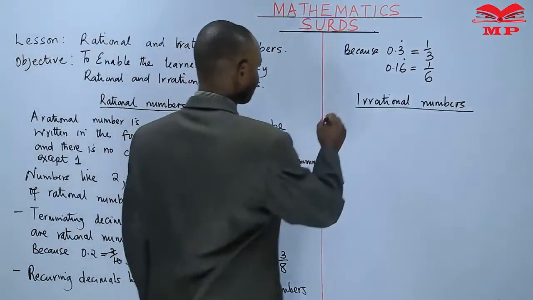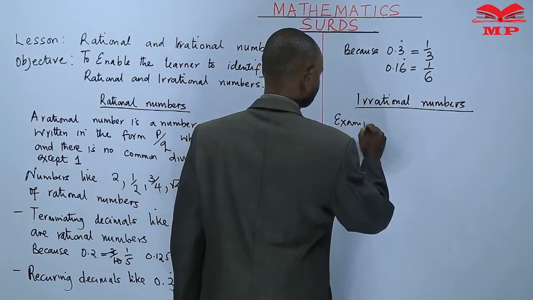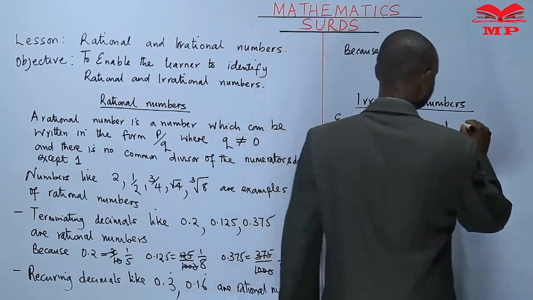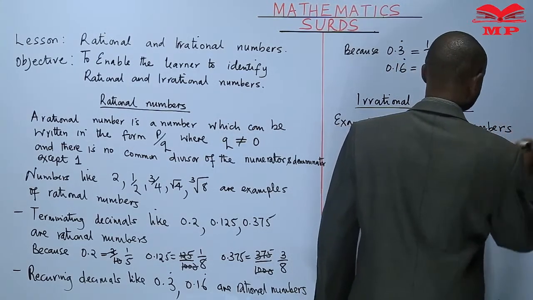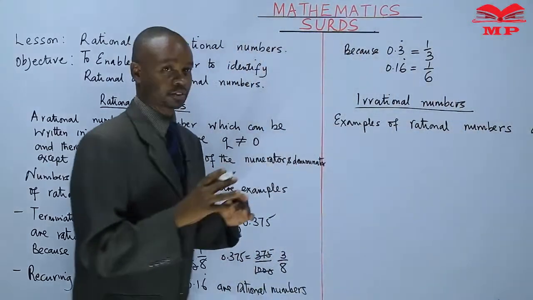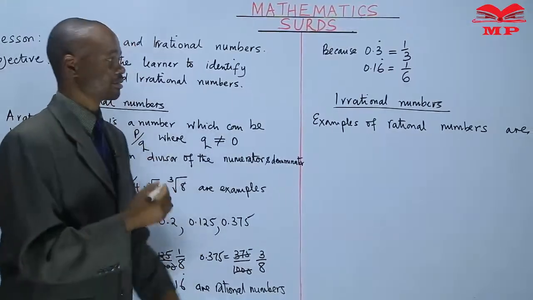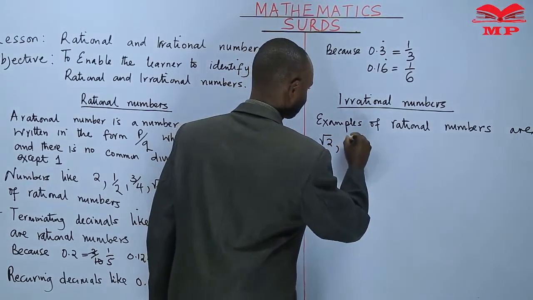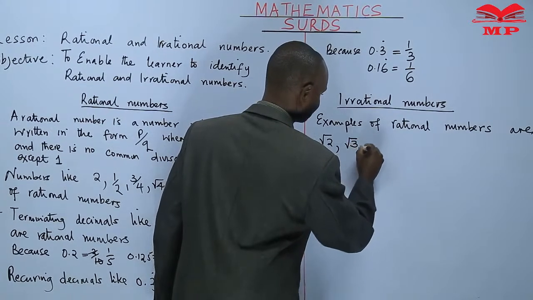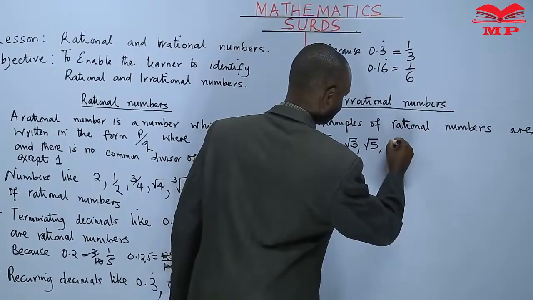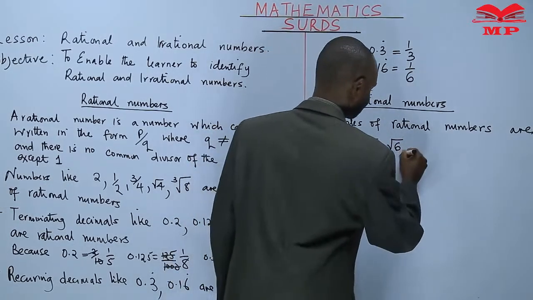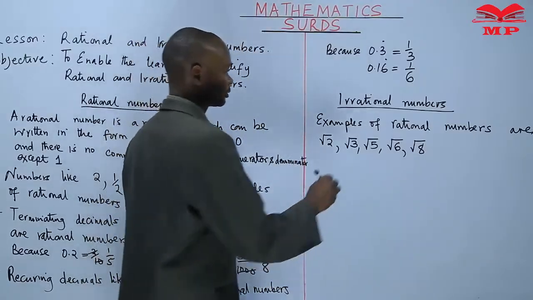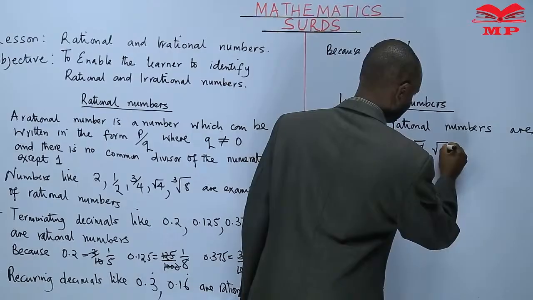So examples of irrational numbers, and I'm going to give examples from 0 to 10 in root form, are square root of 2, square root of 3, square root of 5, square root of 6, square root of 7, square root of 8, and square root of 10.